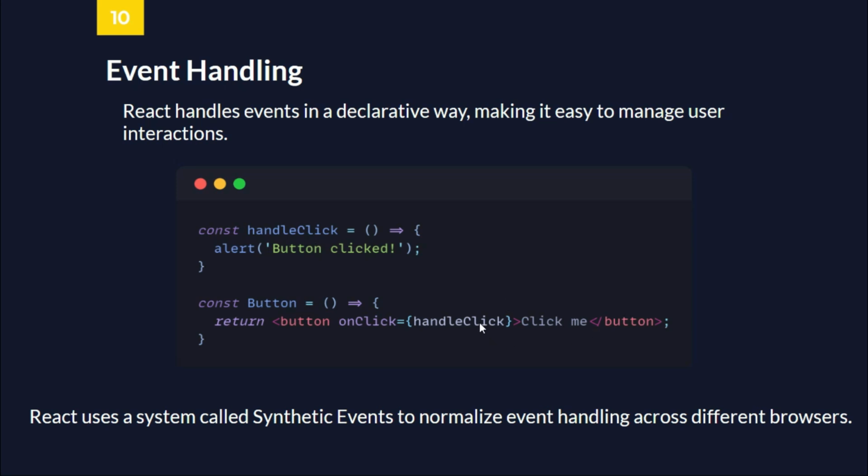It is being called inside this JSX. So what this does is anytime this button is clicked, this function is invoked, thereby returning an alert message on the screen of your browser. Let's head over to our code editor and see how that works.